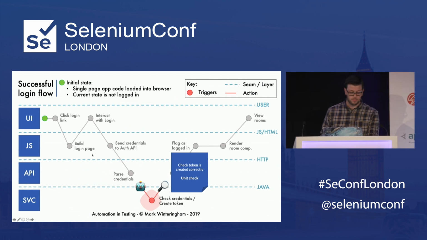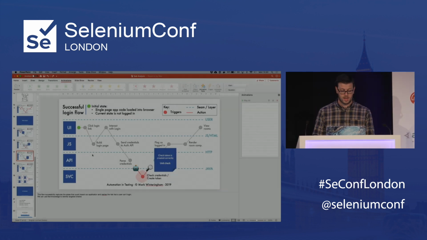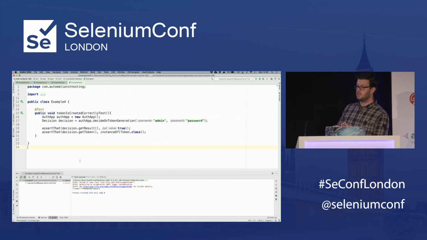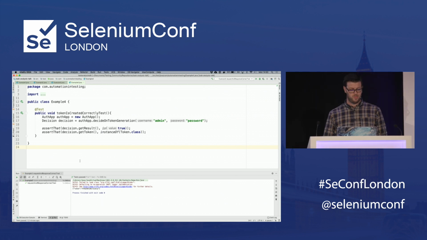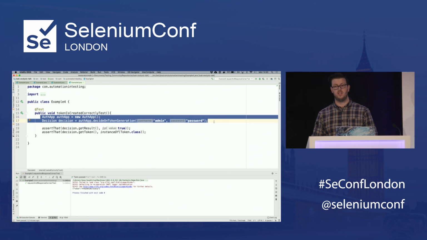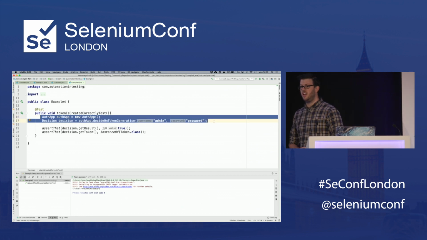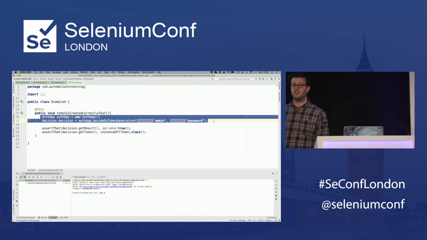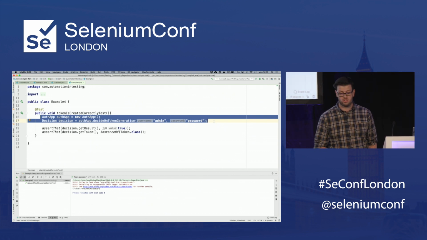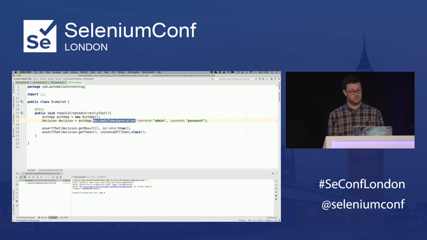So I'll go back to our code again. And we're down to 4 lines of code. Let's see if we can get this lower. But with this one, we're just instantiating an object from the class that handles the whole checking of the credentials and generating the token. So we can see here, decide on token generation.